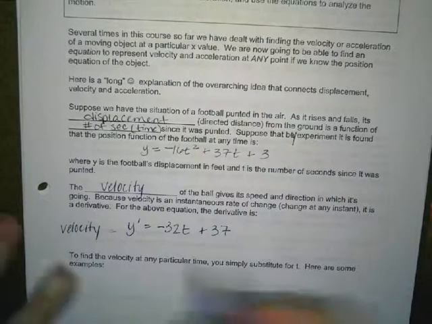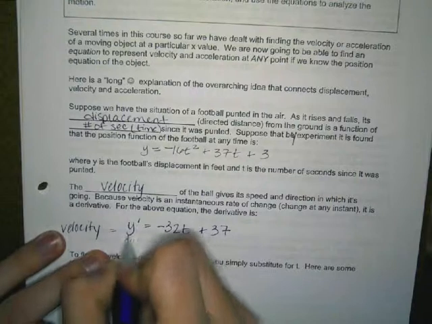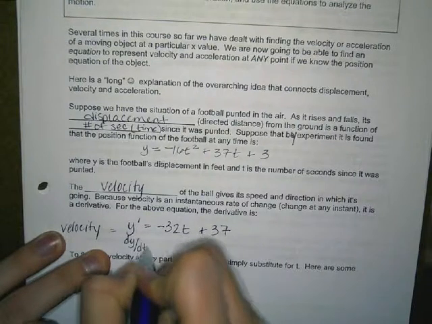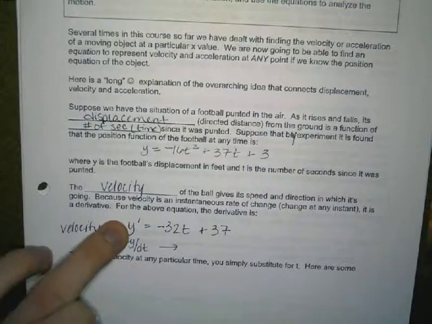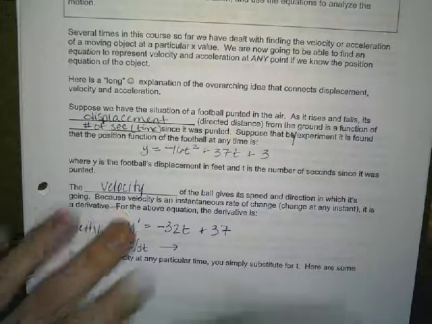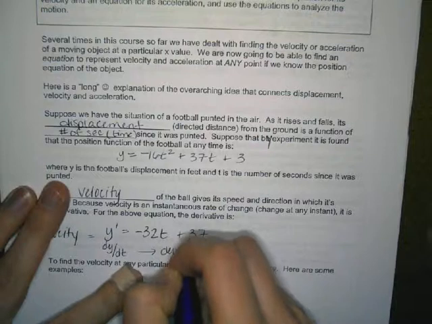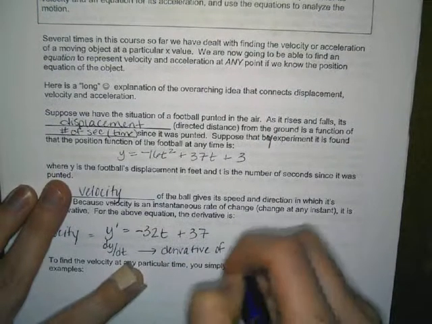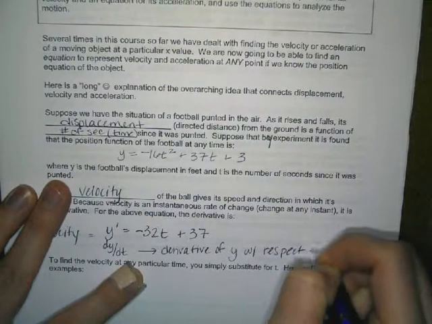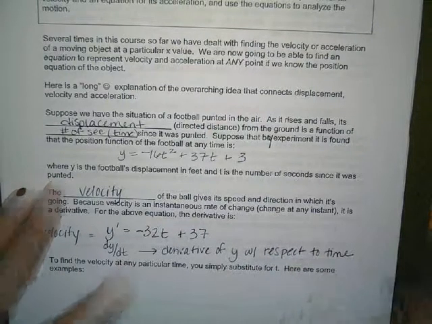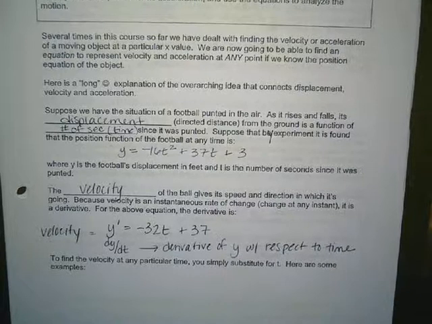Another way to write this, that I'm going to throw in because we'll probably use it at times, is dy over dt. It's another way to write y prime or f prime of x. What that means is the derivative of y with respect to time, so how fast y is changing in terms of time.